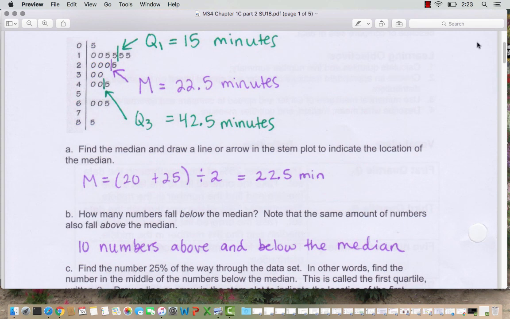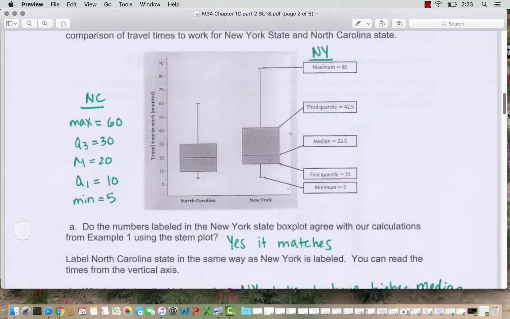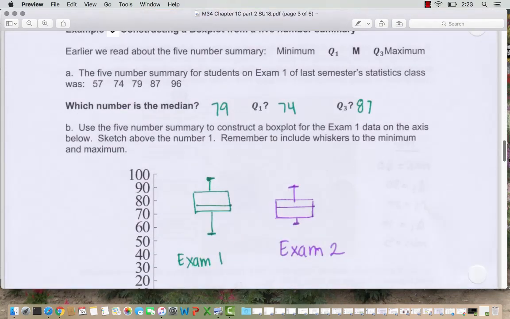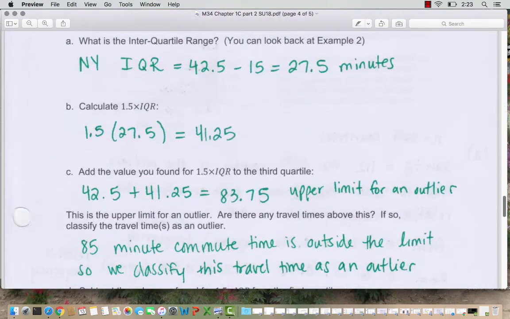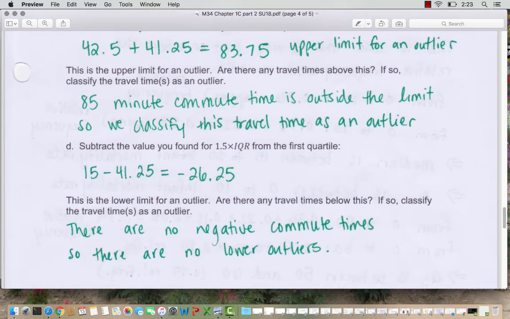We classify it as an outlier based on this criteria where we multiply the interquartile range times 1.5. Now we're going to check for lower outliers. It doesn't look visually like there are any lower outliers, but let's do our calculation. To check for a lower outlier, we take our quartile 1, 15 minutes, and we subtract the 41.25 buffer zone that we've calculated.